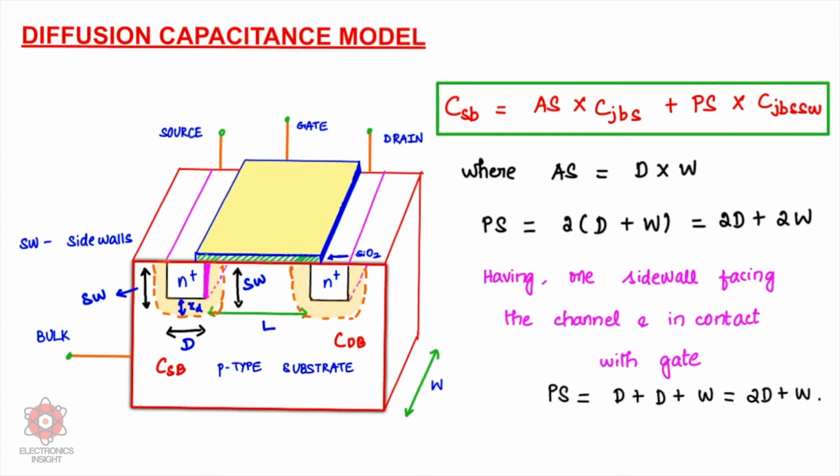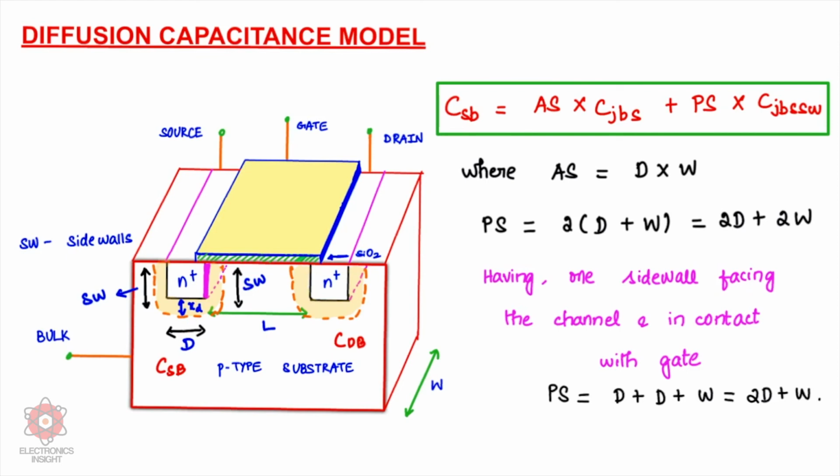Similarly, we have the formation of a junction here with the drain and the substrate regions. So now we will concentrate on calculating CSB, and wherever we find S, we are going to replace it with D when we calculate CDB, because source and drain are symmetrical in nature. Whatever length we consider for the source will be retained the same for the drain to bulk calculation also.